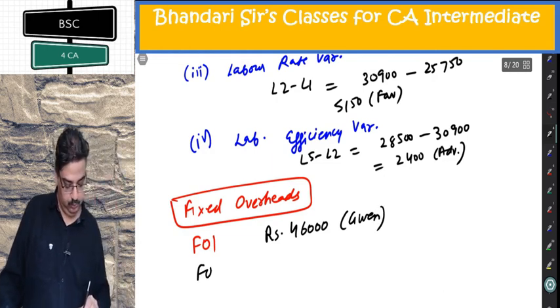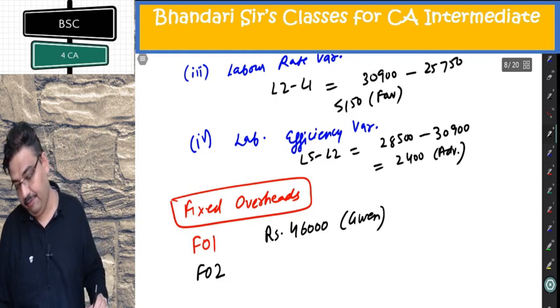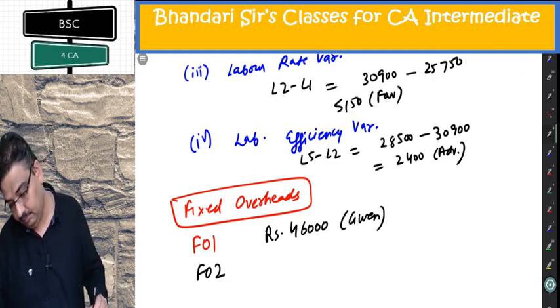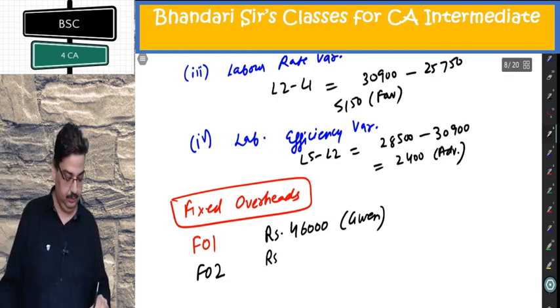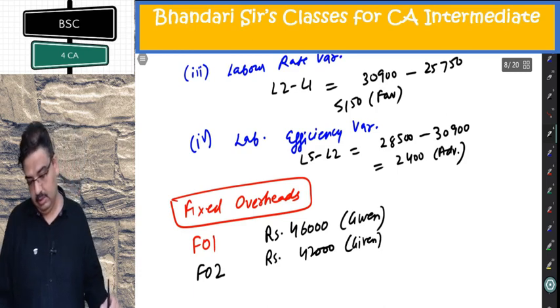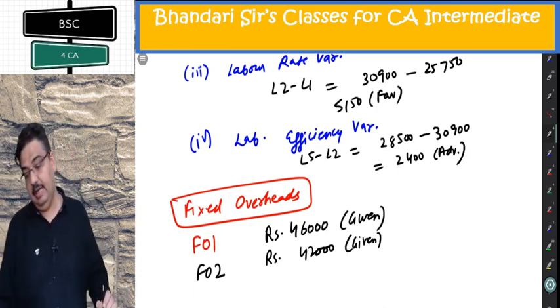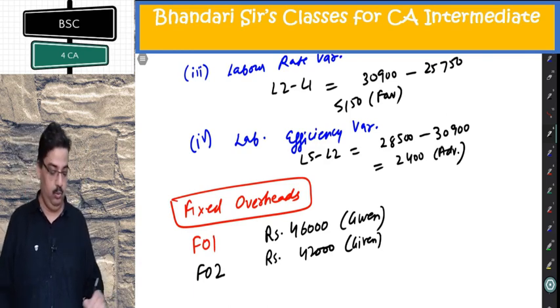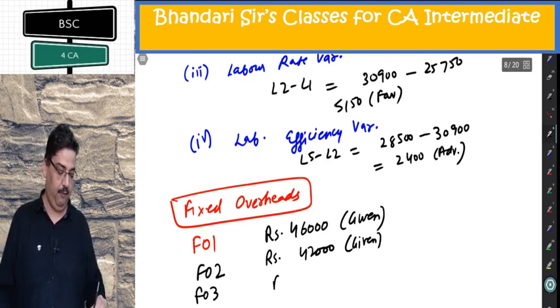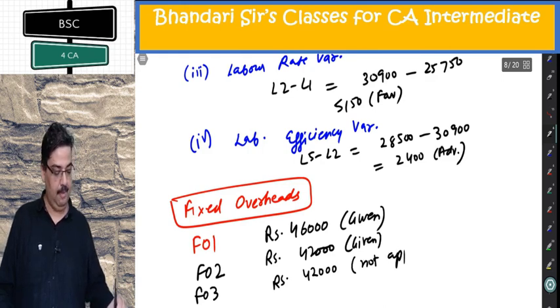FO2, budgeted fixed overhead cost, given in question 42,000. Is there any days given in question? No. So FO3 same as FO2, calendar variance is nil, not required. Not applicable step.